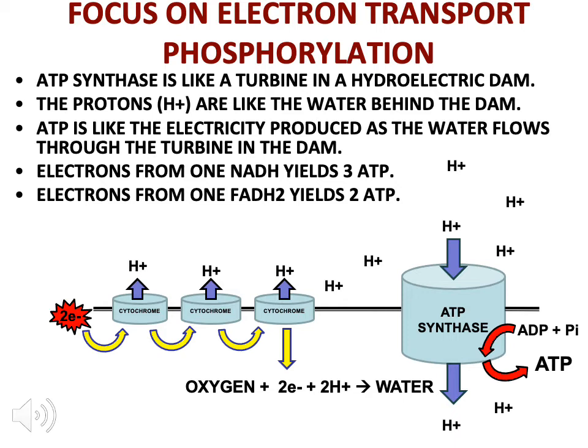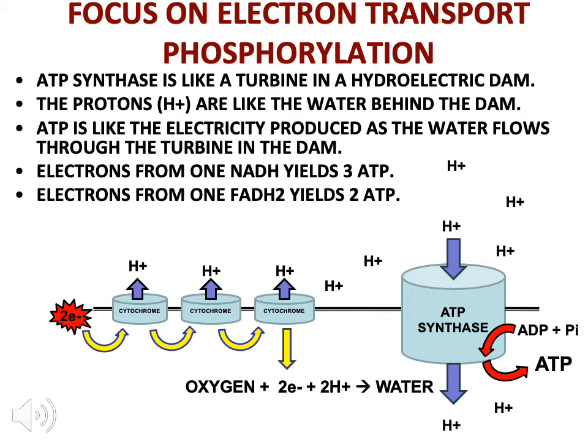On the other hand, if those electrons come from a molecule called FADH2, and you remember that's like a cousin of NADH, I'd have to say it's like a poor cousin because it doesn't contain as much energy. The electrons from one molecule of FADH2 will yield 2 ATP, not 3. This is going to make more sense when we get into the presentation on cellular respiration.